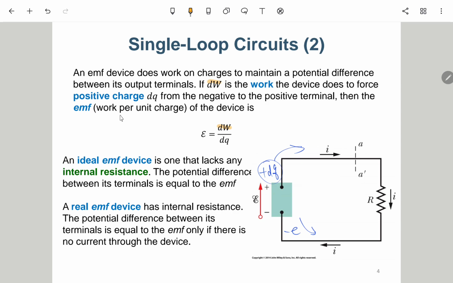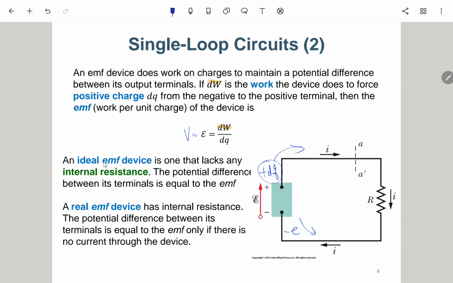This is actually the EMF, dW over dq. You can consider this somehow like a voltage. So in this case, the EMF and the voltage difference, or potential difference, are similar things.